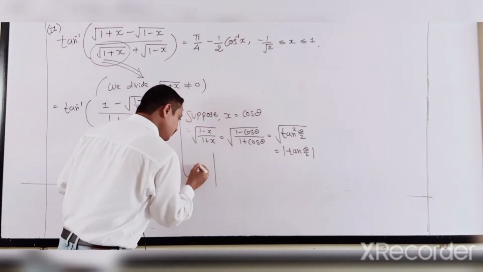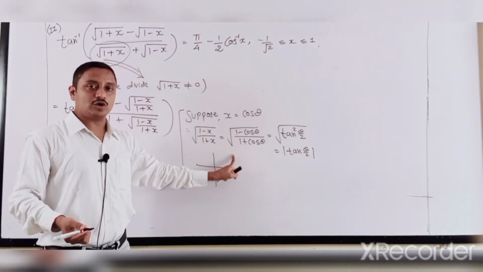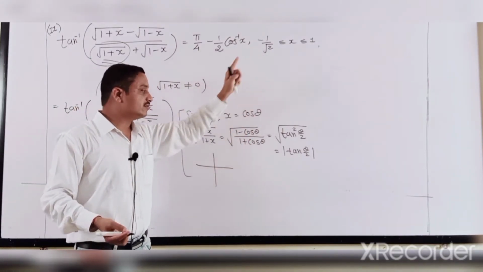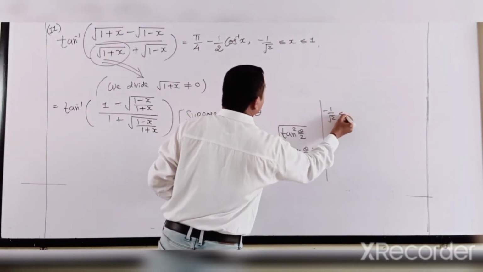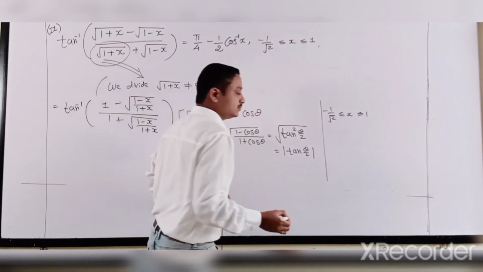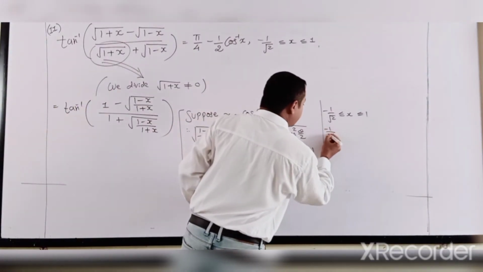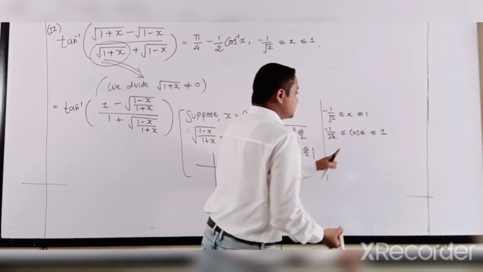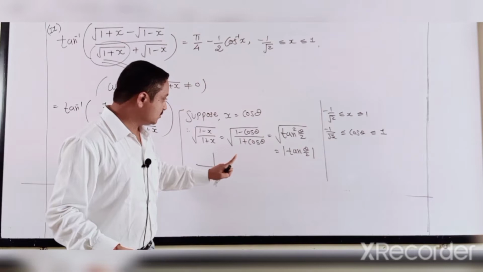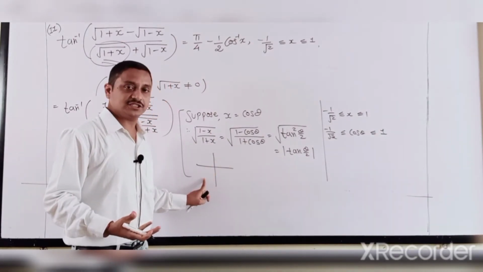Now check in this range whether this value is positive or not. So what is the range given? Side by side, minus 1 by root 2 to 1. Students, x is cos theta, putting that, I derive this theta in terms of theta by 2, and then I check the conditions.